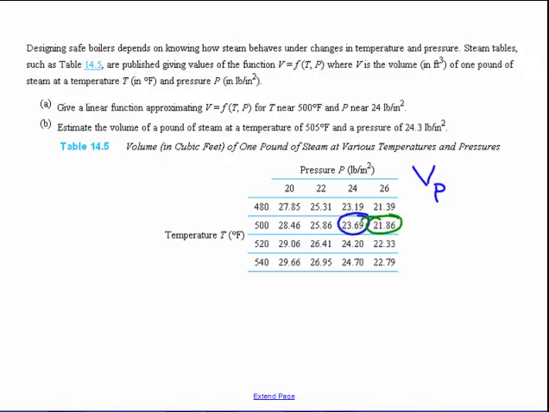So the partial of V with respect to P is going to be 21.86 minus 23.69, all over 26 minus 24.